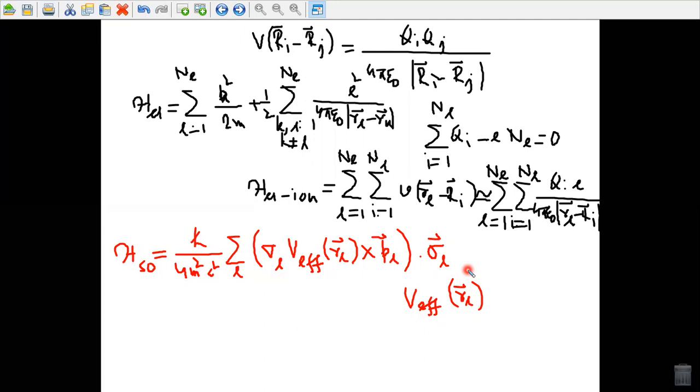A similar term can be added to the ion part of the Hamiltonian in order to account for the nuclear spins if their influence is addressed.